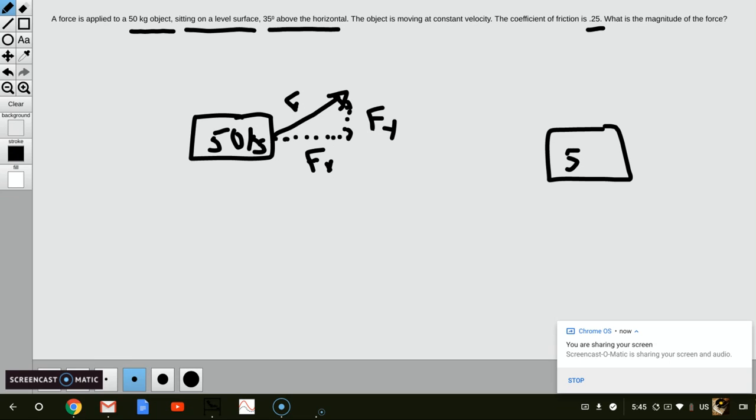So we've got our 50 kilograms. What's actually pulling the thing is the Fx. We've got Fy, and we've got F norm. Sorry, that's supposed to say norm.